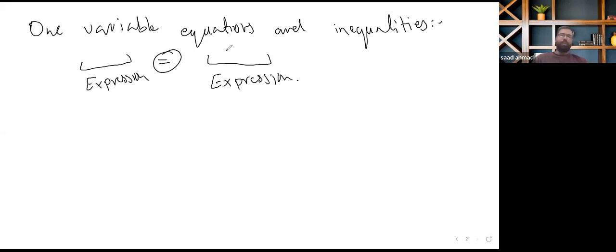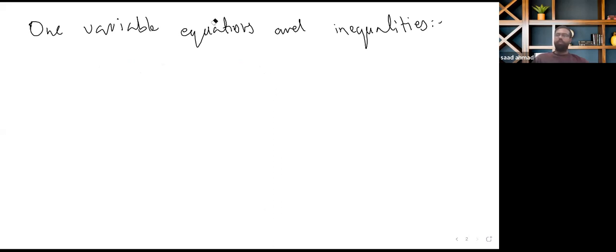So that is what an equation is. Now we are dealing with only one variable equations. Like if you remember, we can have equations in multiple variables, but now we are dealing with equations which only include one variable.